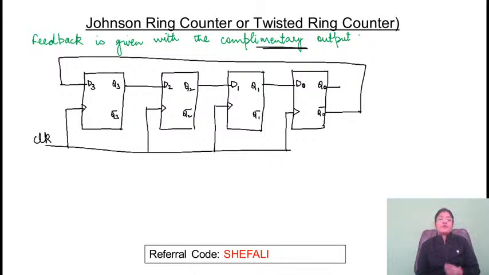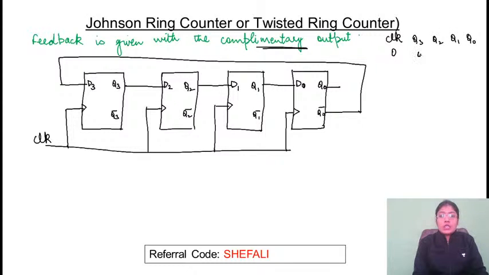In this, I have to find out the number of used states in the Johnson ring counter. Can you tell me the number of used states? Let's assume that at 0 clock, the output is Q3, Q2, Q1, Q0.